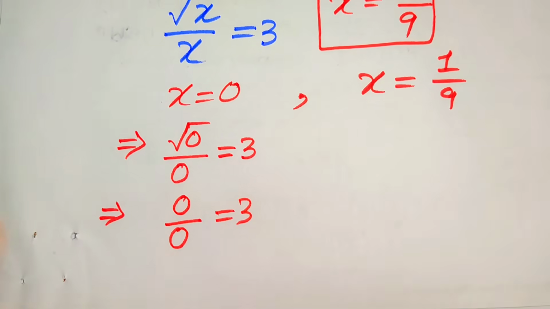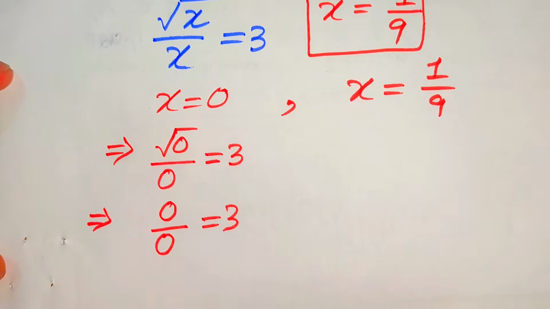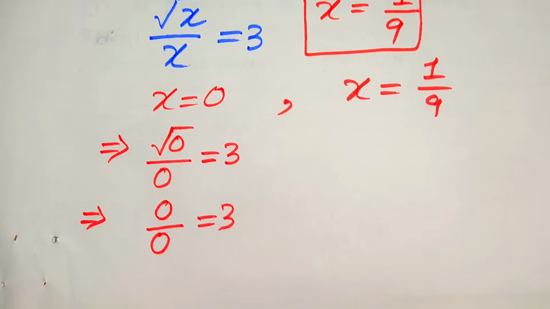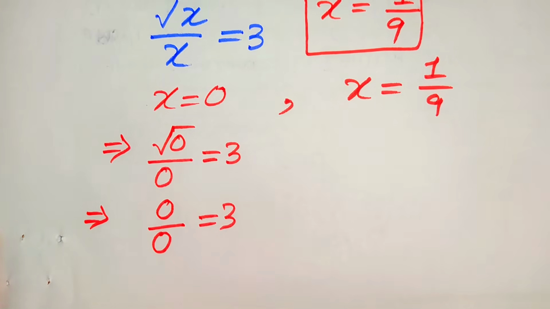And here you know that 0 divided by 0 becomes an indeterminate form, but I hope that at your level of mathematics you may not know about indeterminate form or the infinity sign. So here, in order to explain to your level, you see that this is divided by 0.